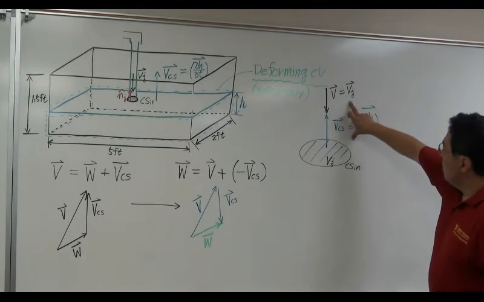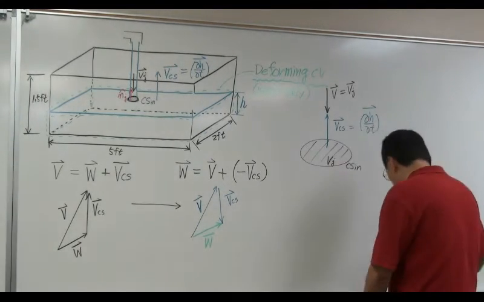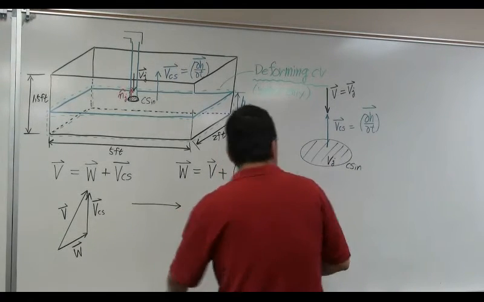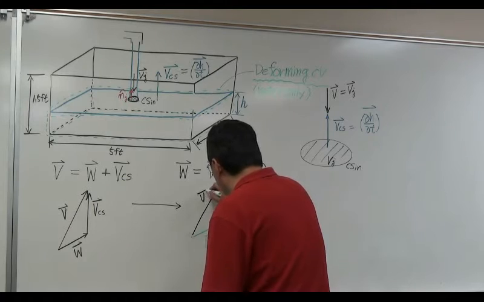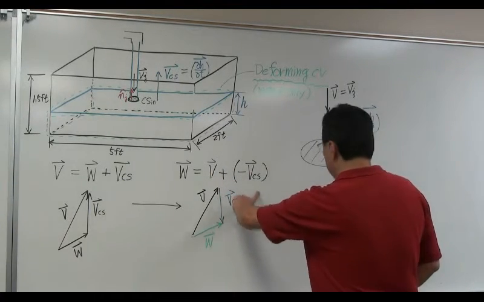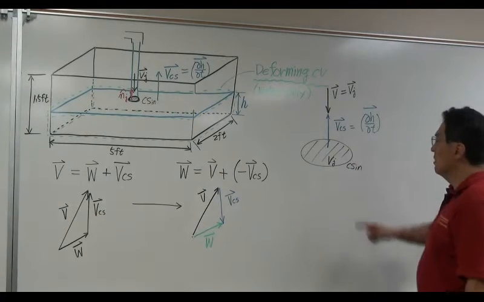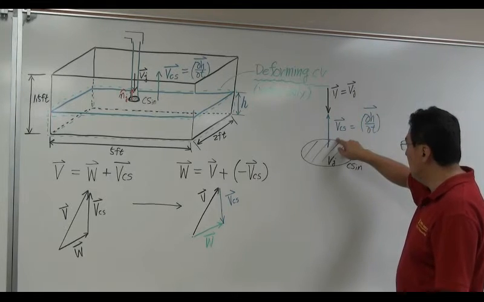So out of this situation, you want to find out W. Okay? Let me just change the color here. This is B. This is BCS flip-flopped. This is W. So how do you get W? Well, of course, this BCS needs to be flip-flopped, then added together.